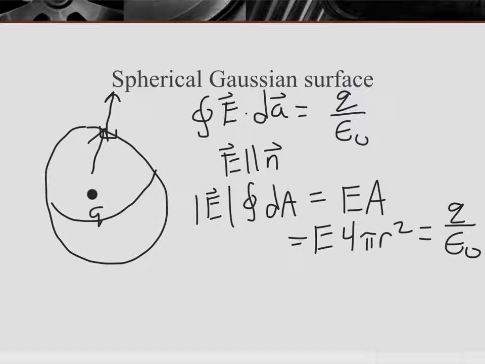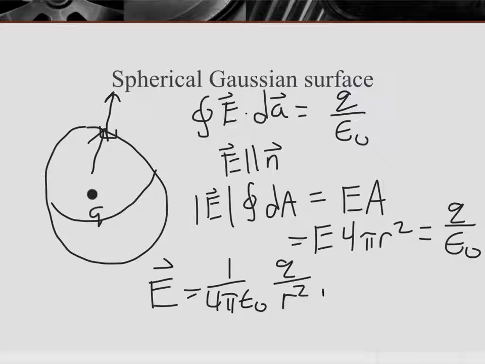Now, if we solve for E, we get 1 over 4 pi epsilon 0 times Q over r squared. And since we know E points radially outward, we can make E a vector by adding on the r hat vector.